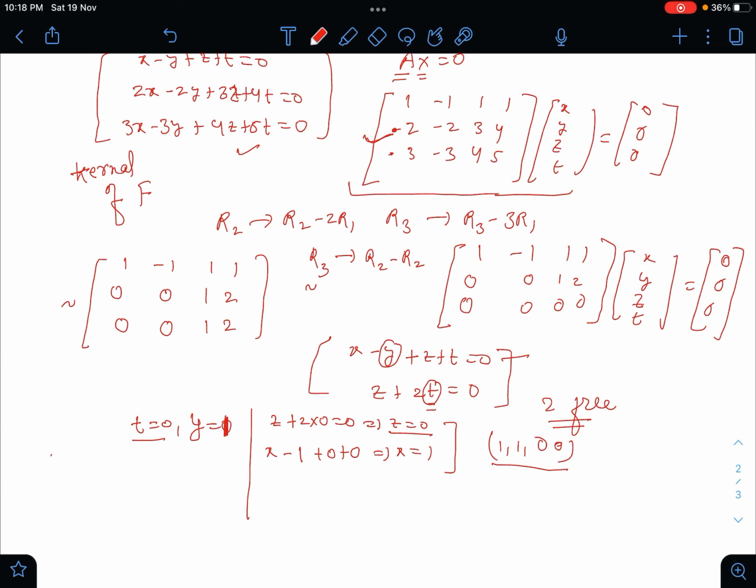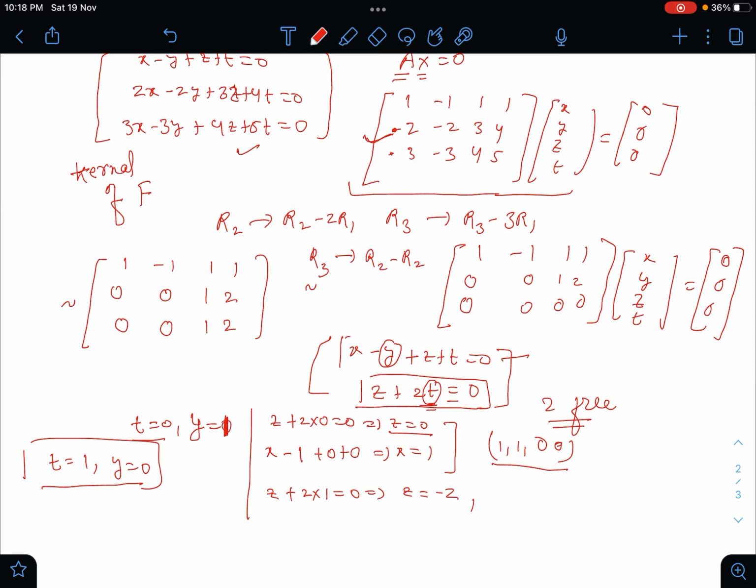And now in the second case let us consider t = 1 and y = 0. From the second equation we get z + 2t = 0. That means z + 2 into 1 = 0, which implies z = -2.